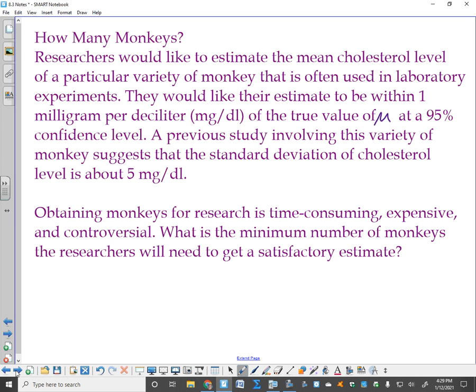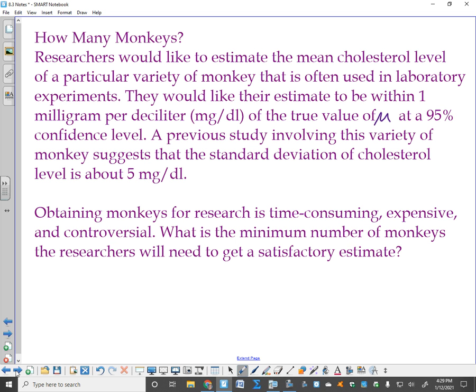A previous study involving this variety of monkey suggests that the standard deviation of cholesterol level is about 5 milligrams per deciliter. So there's my sigma. I'm borrowing it from another study. Okay, but I can't just go out and get a huge number of monkeys.